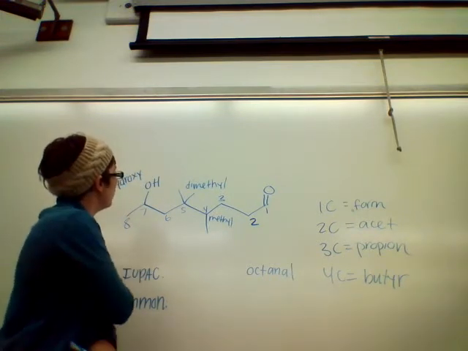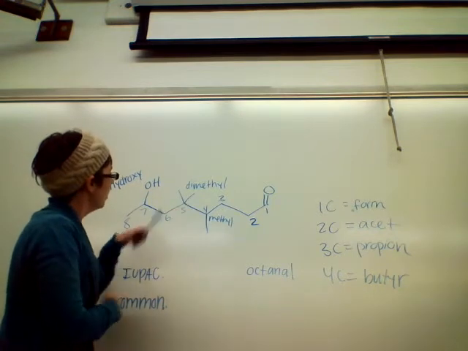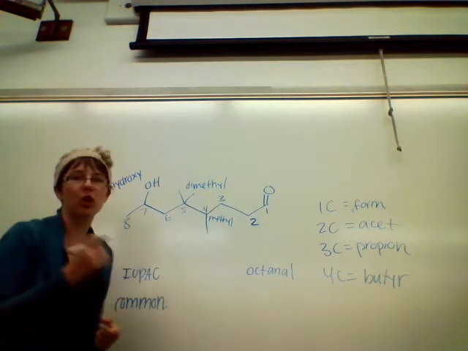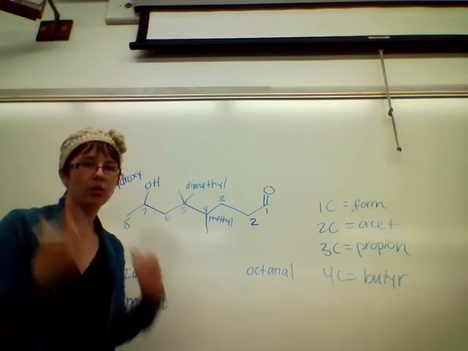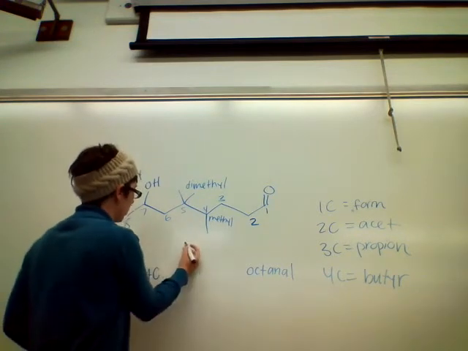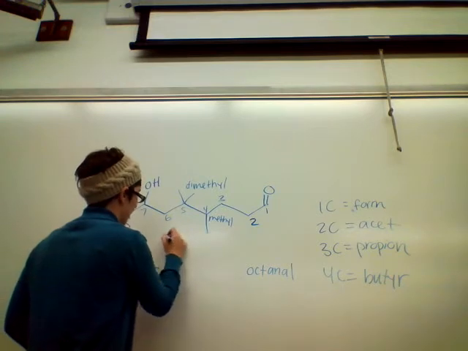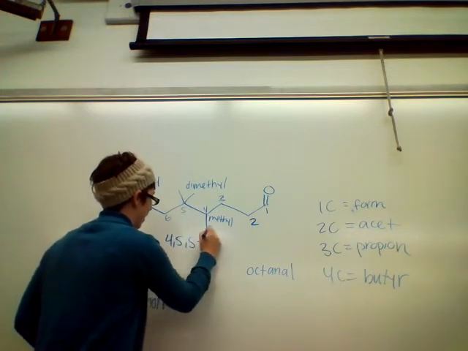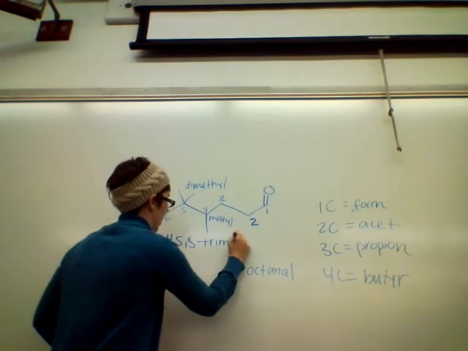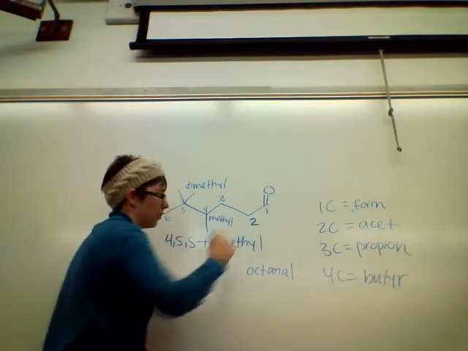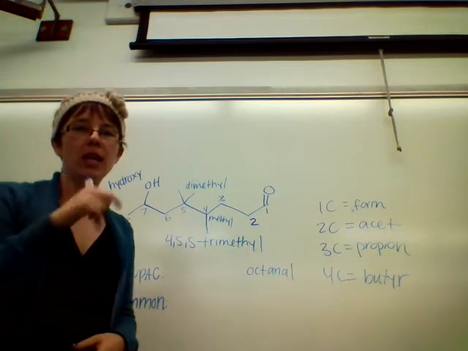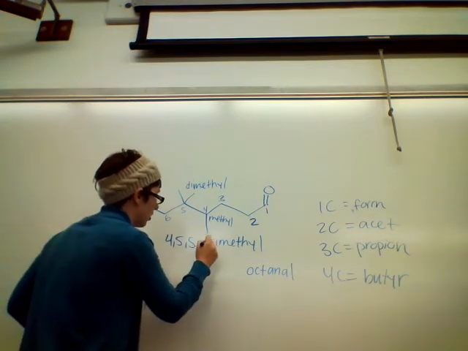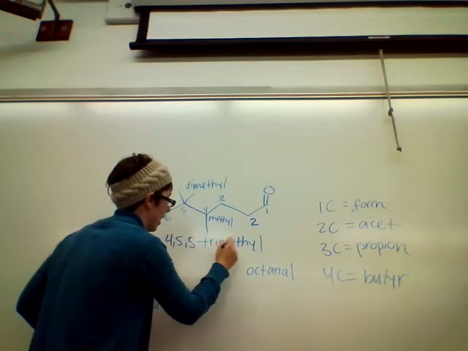Now, since you have 3 total methyl groups in your structure, we are going to say the methyls are 4,5,5-trimethyl. When you are putting things in alphabetical order, you are not looking at the tri. You're looking at the M for methyl.